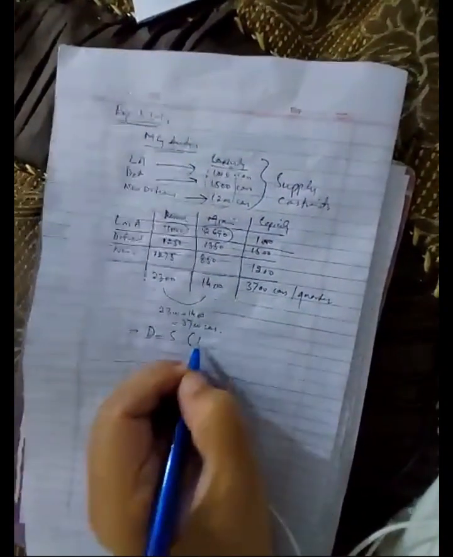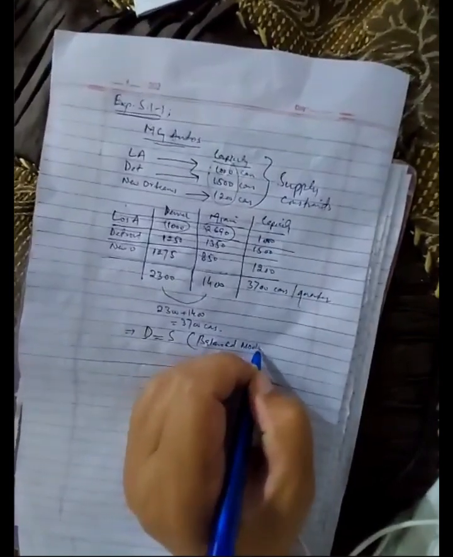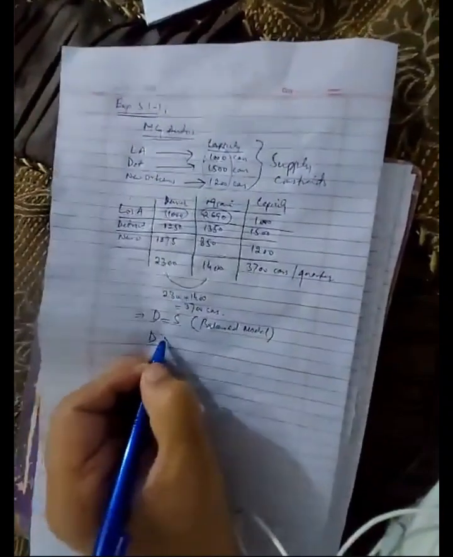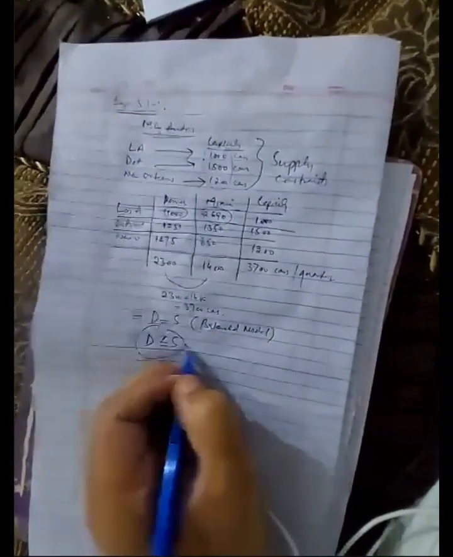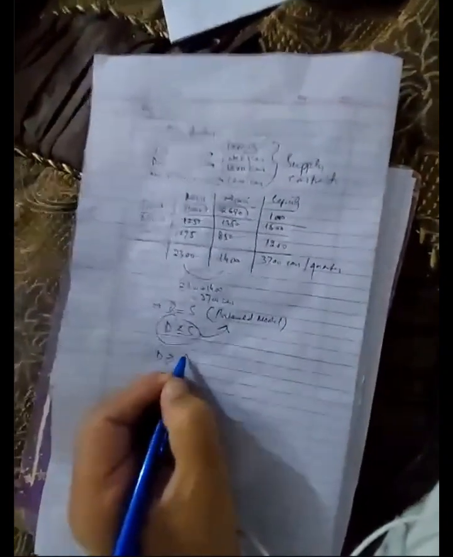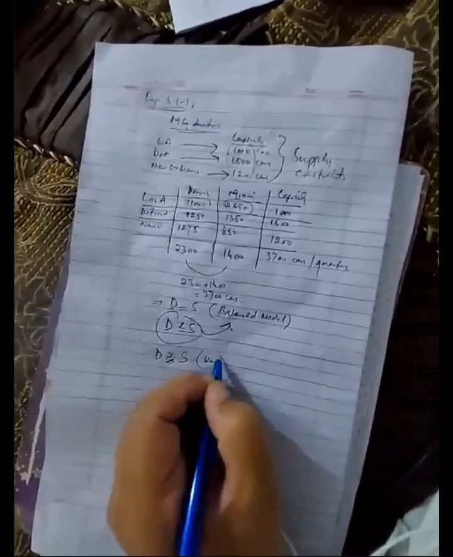So this kind of problems are called balanced models. When demand is less than or equal to supply, then the problems are called balanced models. And when demand is greater than supply, then these are called unbalanced models.